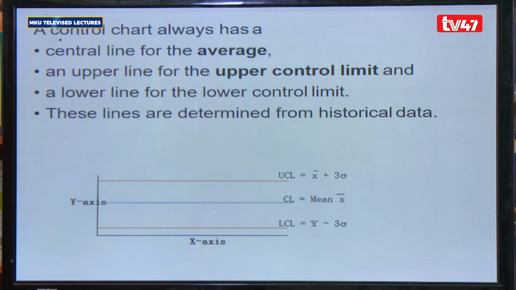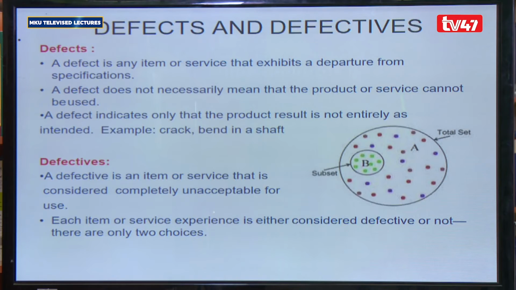So in the process, we've said that 2 things are important when it comes to quality control. We have those that can be measured, which we refer to as the variables, and we have those that cannot be measured, which we've said are the attributes.